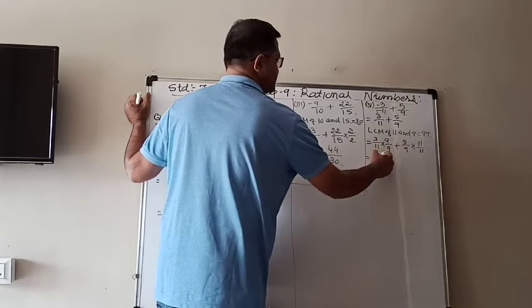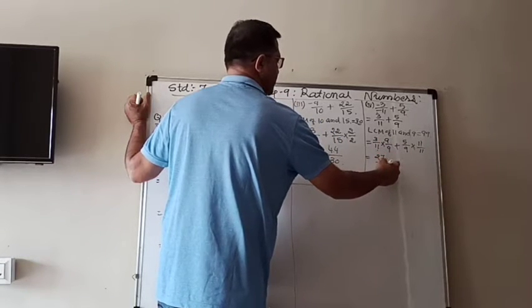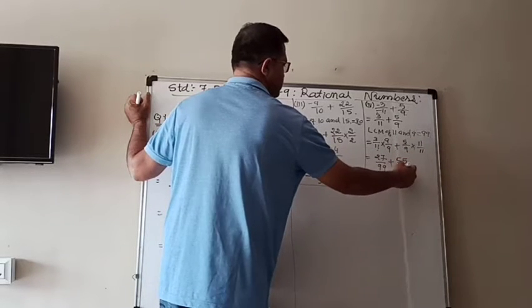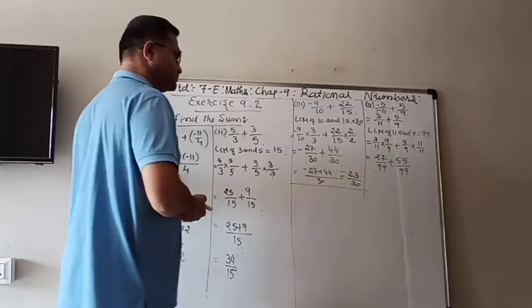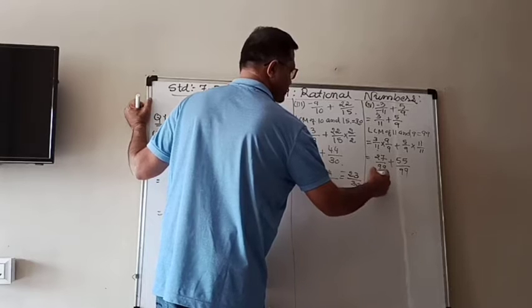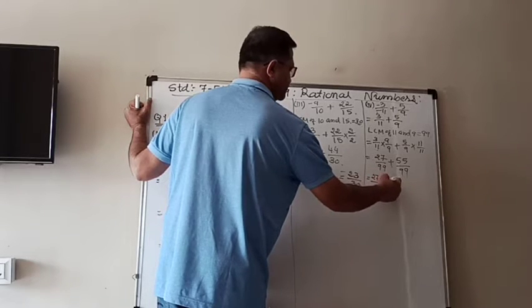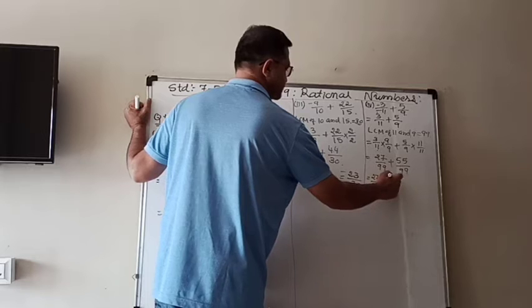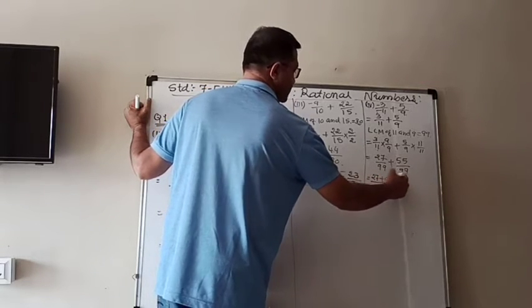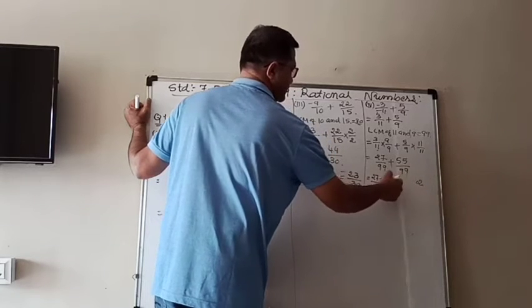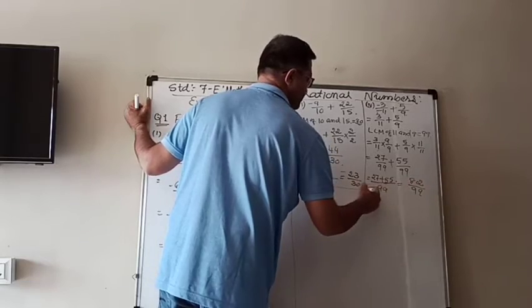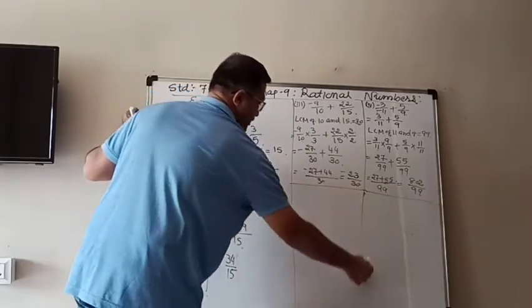So 9 3s are 27 upon 99, 11 5s are 55 upon 99. Keeping the same denominator, 27 plus 55 upon 99, that is 82 upon 99. That is your final answer.